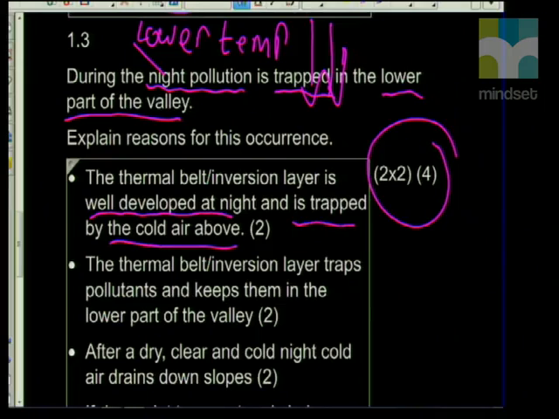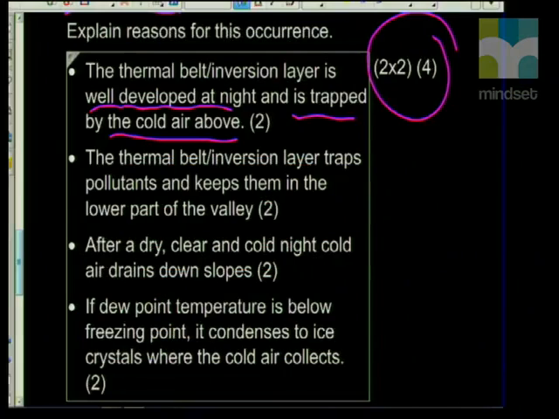Remember, the air is subsiding, it's pushing the inversion layer down, so it traps the inversion layer lower down, and it keeps the pollution in there. The thermal belt inversion layer traps the pollution and keeps it in the lower part because of lots of subsiding air.